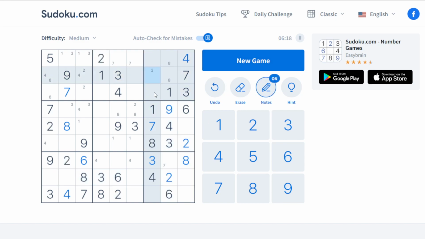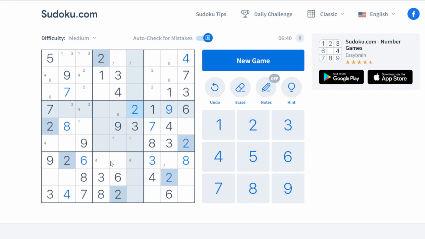And now we know that the 2 is guaranteed to be here or here. With this information, we also know that this must be the 2. We already know it's got to be here or here, and it's got to be here or here.